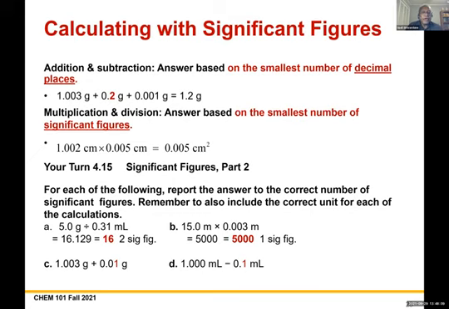Okay, the next one, addition and subtraction. 1.003 plus 0.01, you add them up. You have to round off this answer to the second decimal place, right?